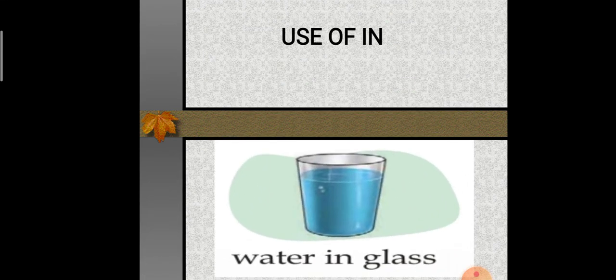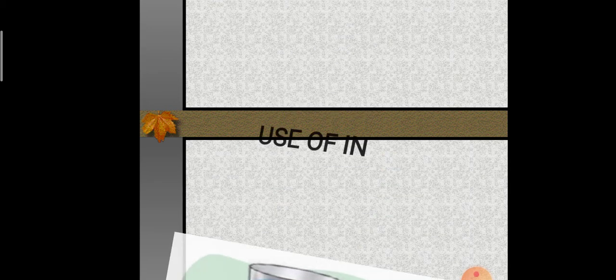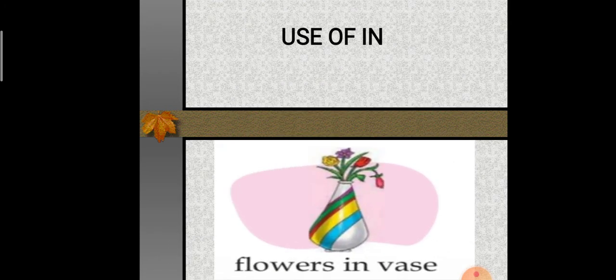Now let's take examples of use of in. Water in glass. Here you can see that the water is in the glass. Flowers in vase. Where the flowers are? In vase.